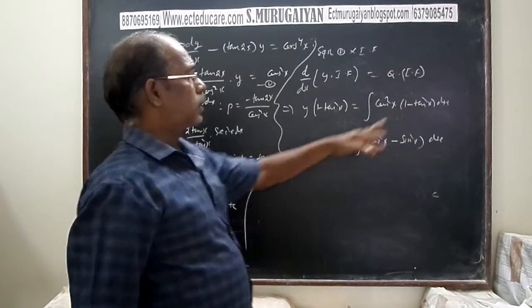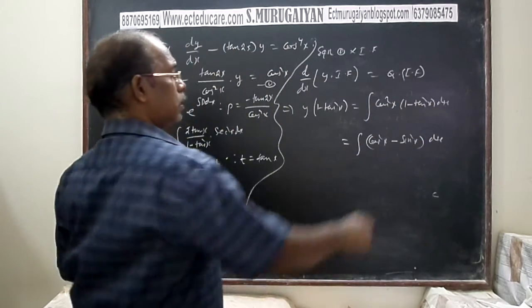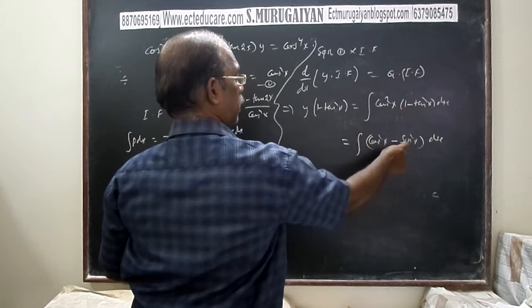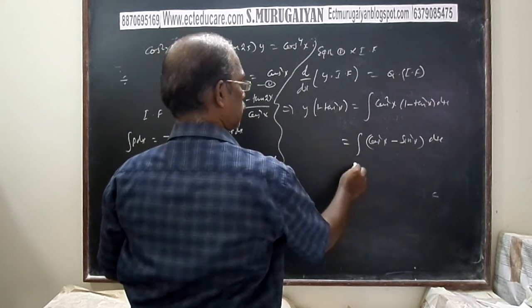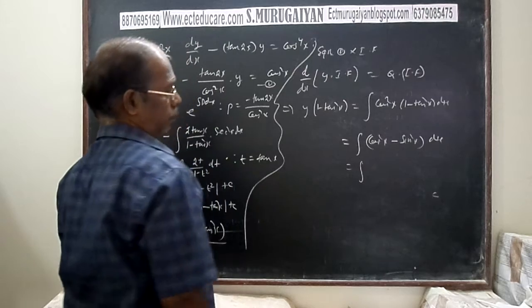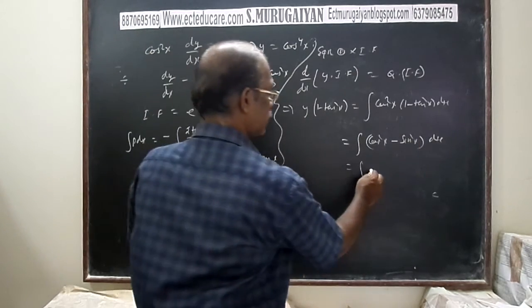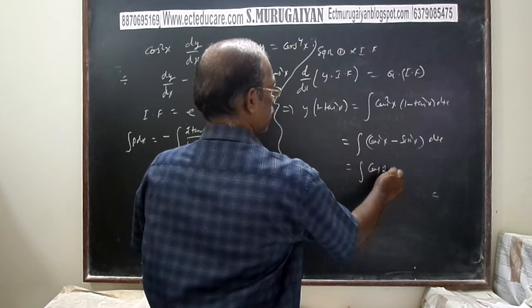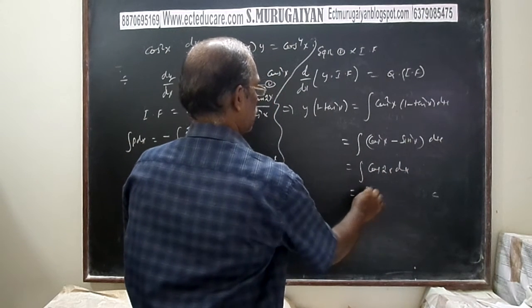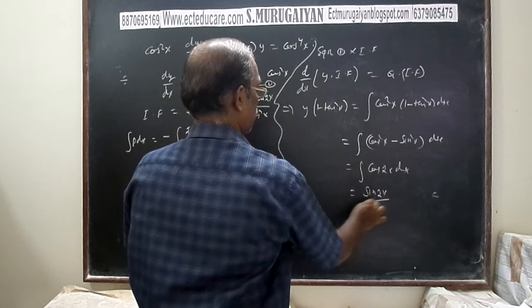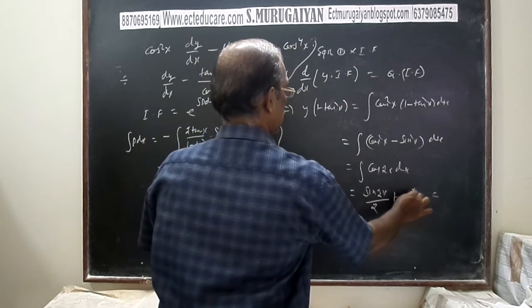Tan square x is sin square by cos square, and the cos square cancels, leaving sin square. This is a familiar trigonometric identity. This can be written as cos 2x. Then the integral of cos 2x is sin 2x by 2, with an arbitrary constant.